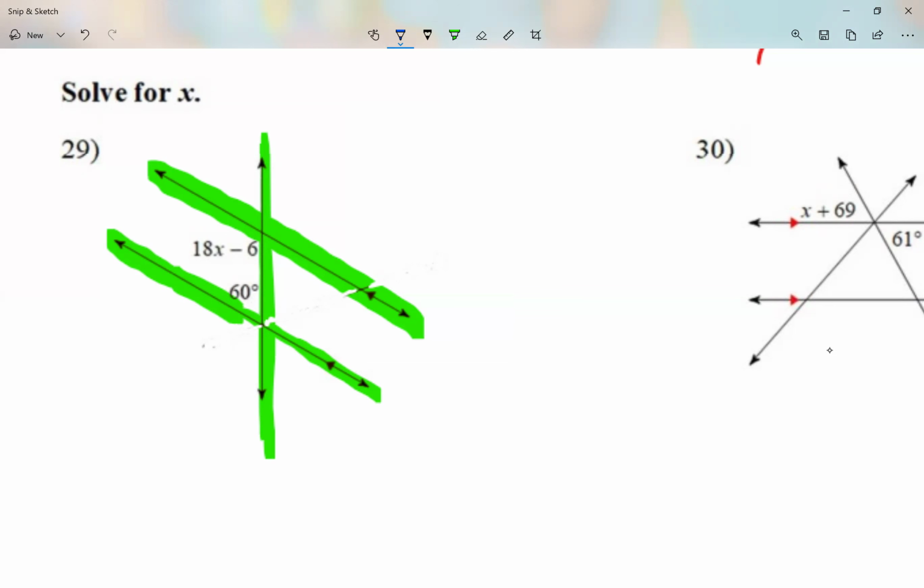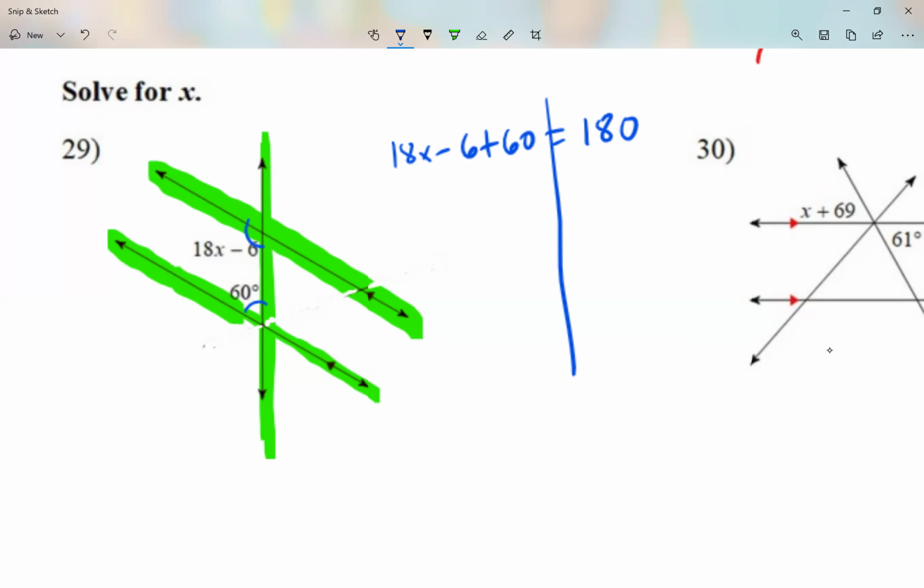Now, these two angles happen to be same side interior. For same side interior, I know I add those two angles. In this case, 18x minus 6 plus 60 is going to equal 180. Let me separate them with the equal sign.